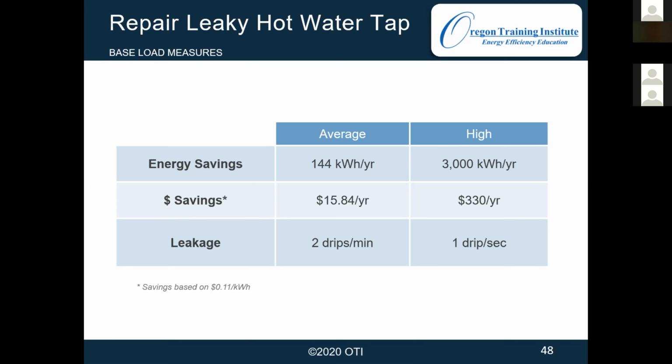And this is a pretty small leak, 2 drips a minute. You can barely even notice that. You have to stare at it for a whole minute just to see the 2 drips. Versus a bad leak at a drip a second, just steady drip of hot water. That's going to be over $300 a year per leak. And then we got the price of water on top of it.